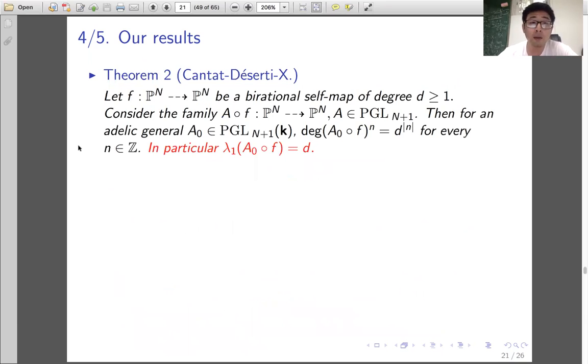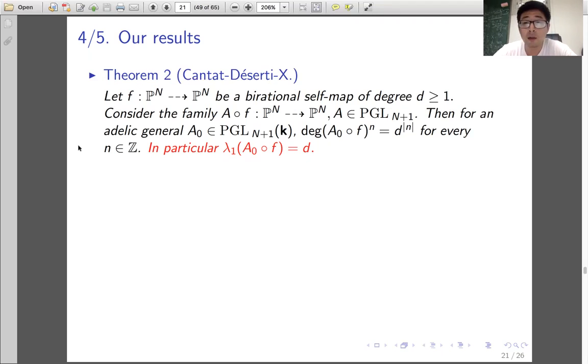Okay, and another result, Theorem 2. Let F from P^n to P^n be a rational self-map of degree d larger than or equal to 1. Here we consider a special family, A∘F from P^n to P^n, where A is in PGL_{n+1}.